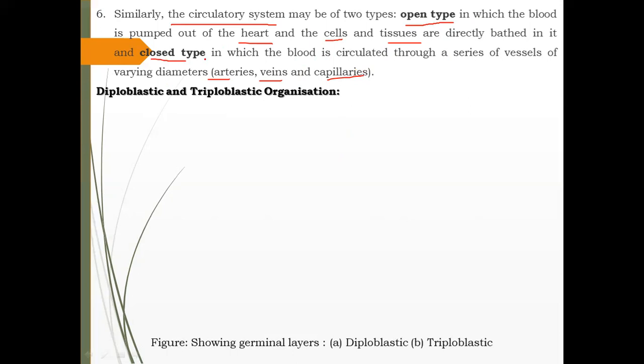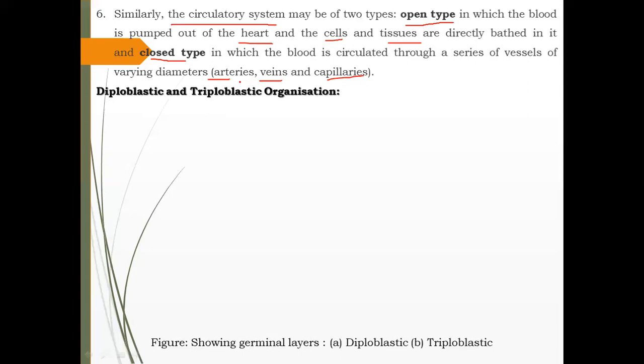But if you take the closed type of circulatory system, in this system the blood proceeds from the heart, but it is circulated all over the body through a large number of vessels, for example arteries, veins and capillaries.